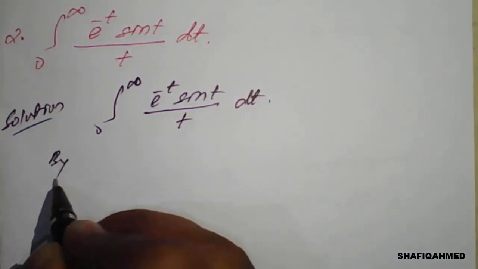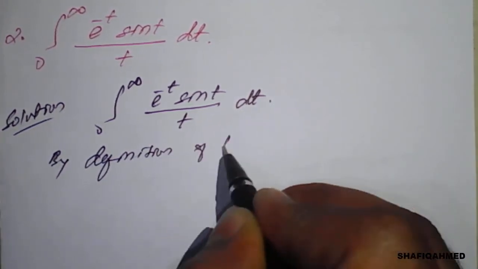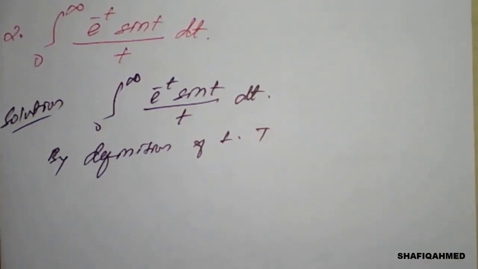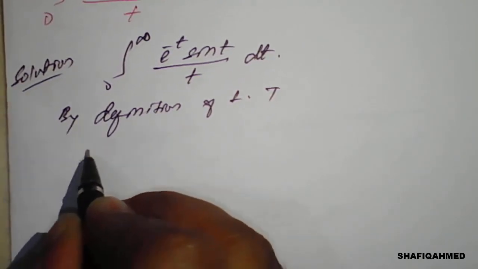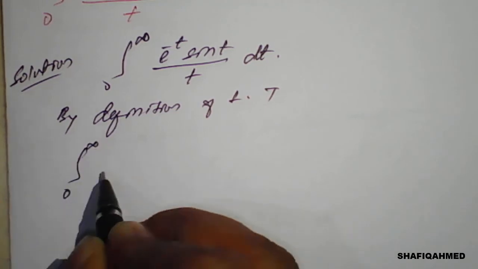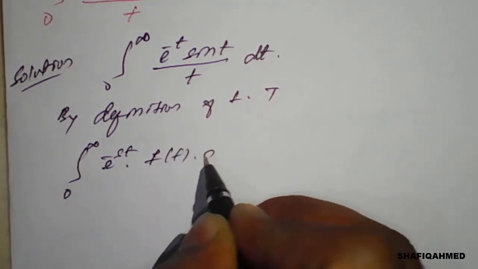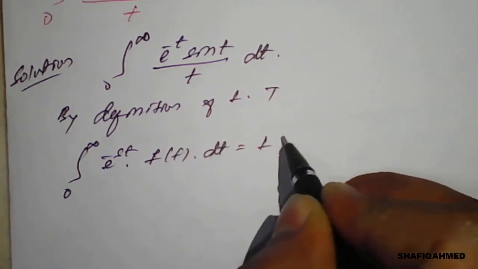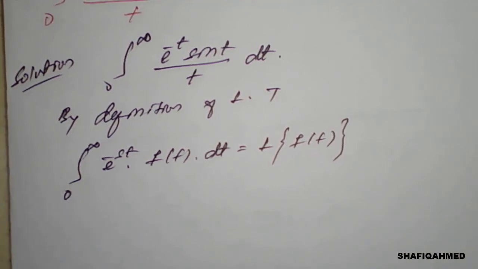So by the definition of Laplace transform, we know that the integration from 0 to infinity of e raised to minus st into f of t dt is nothing but the Laplace of f of t. I have just interchanged this to simplify the question.